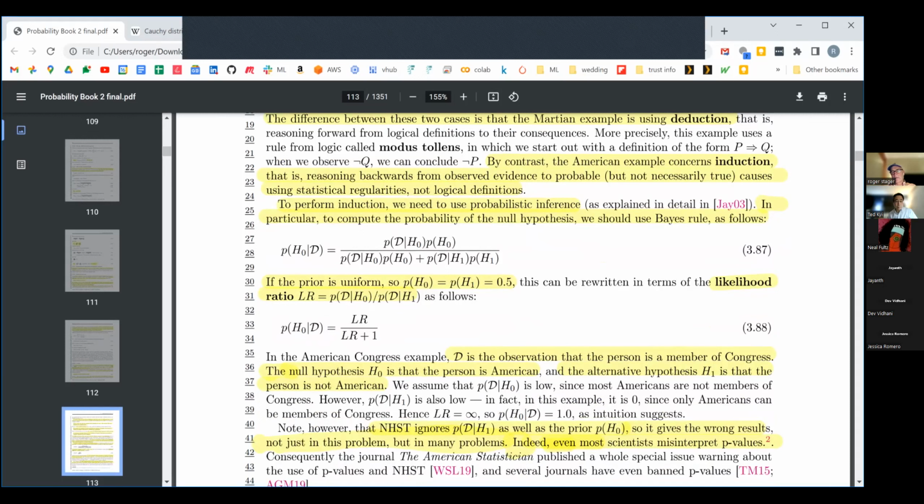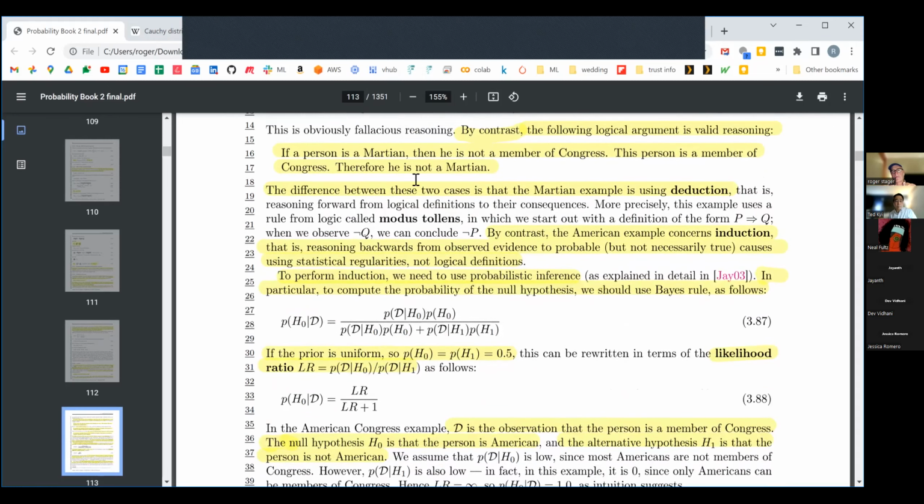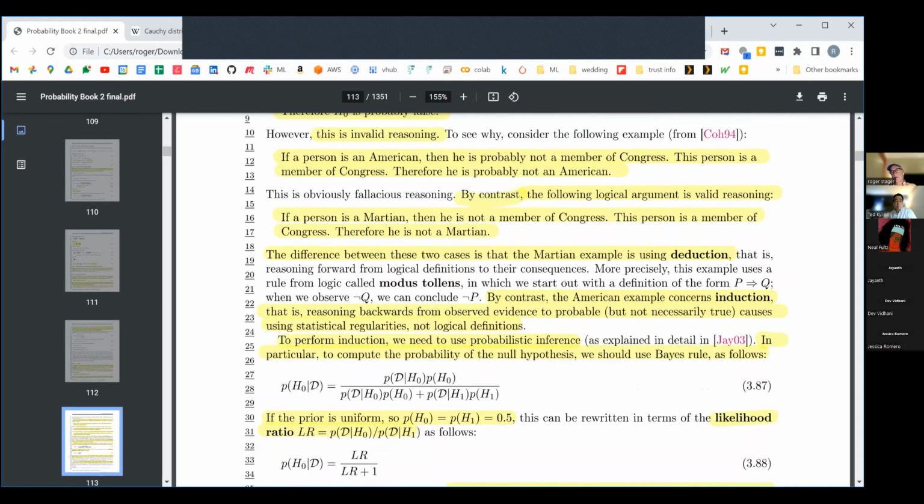That was the problem with this American and congressman example, where they said the probability of being a congressman and not an American is 0. And so this is the core fallacy that people make.